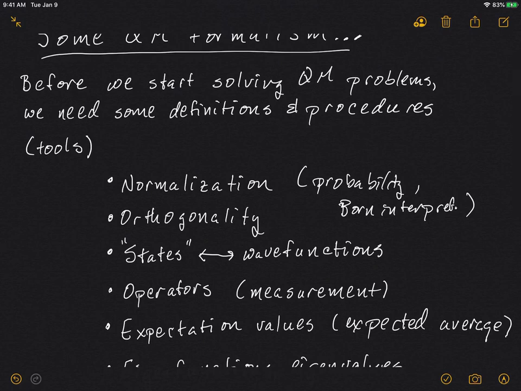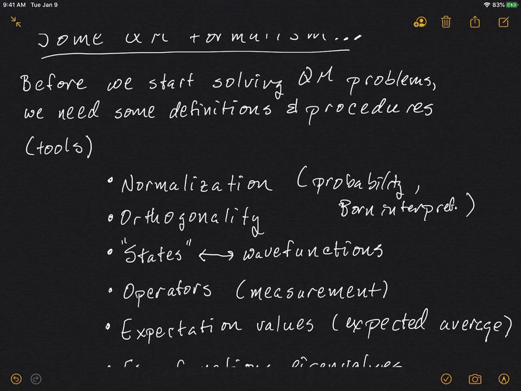Then we'll talk about how we implement measurement, mathematical representations of measurements of quantum mechanical systems using operators. And operators are part of the tool set. Another part is expectation values.